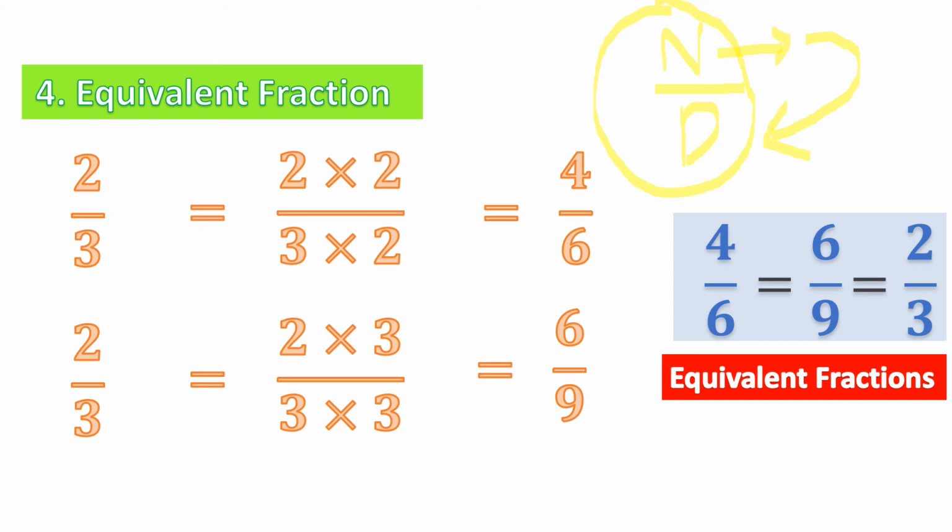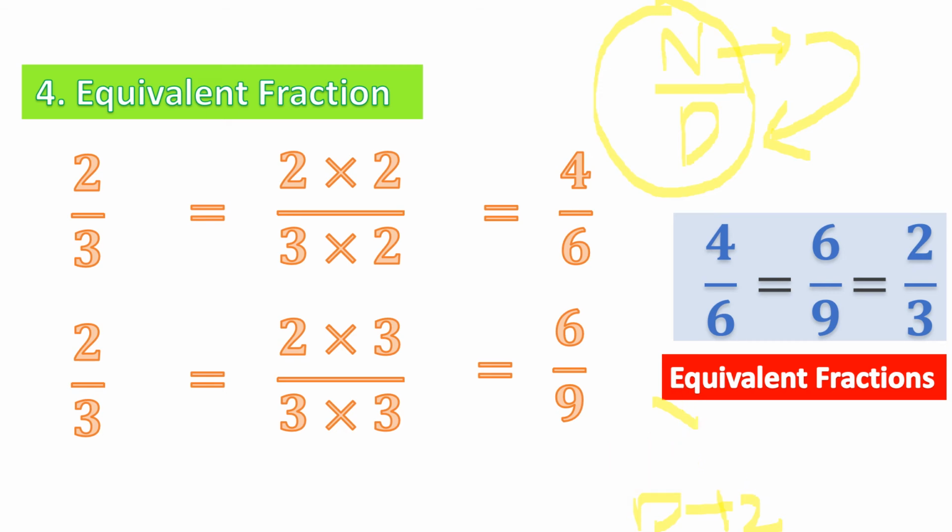That is, if you add a number in the numerator, you have to add that number in the denominator also. If you multiply a number in the numerator, you have to multiply that number in the denominator also.